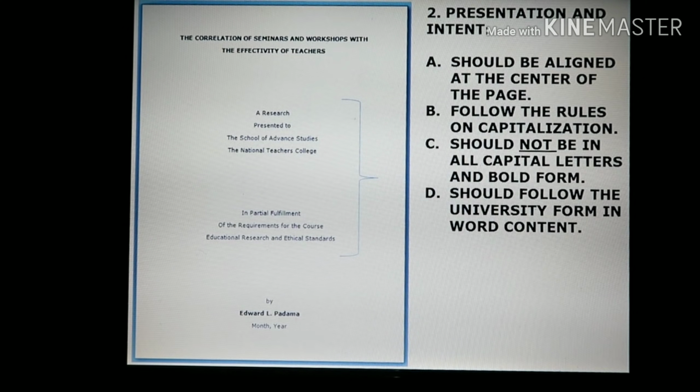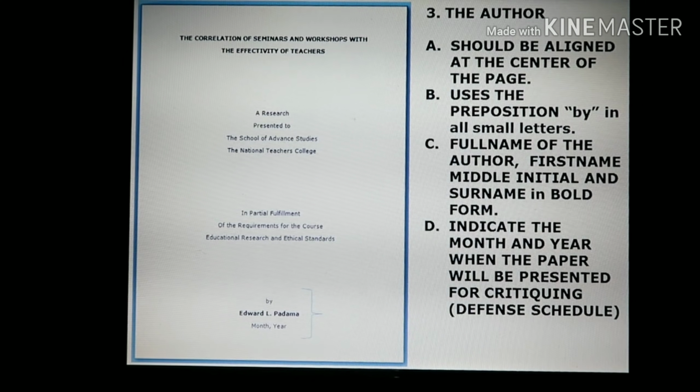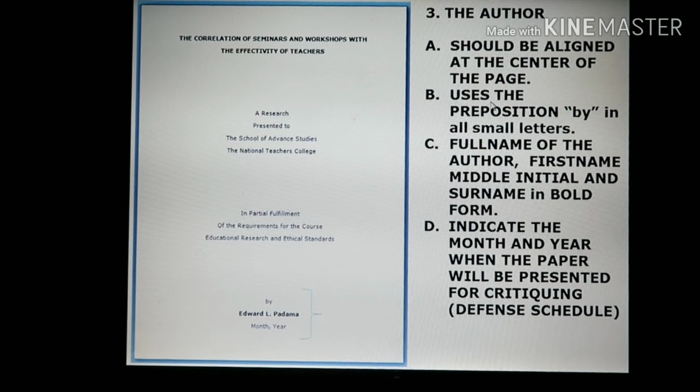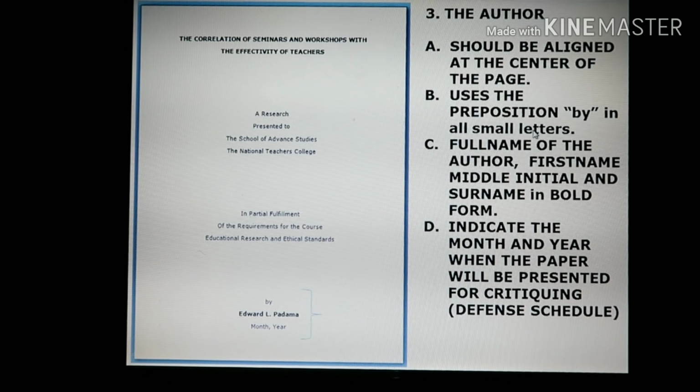Okay, and then last in our recap is the author. And the characteristics of this part, which is located at the bottom of your cover page, are the following. It should be aligned at the center of the page, uses the preposition by, and it should be in all small letters.